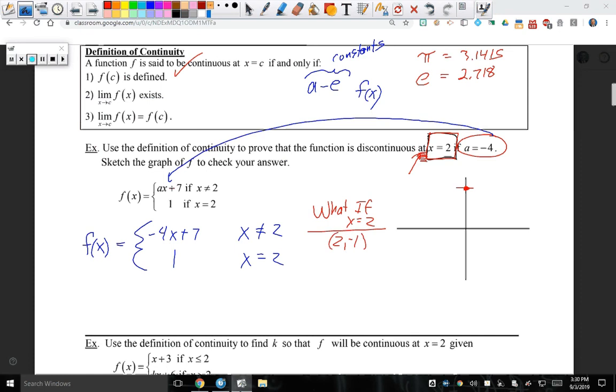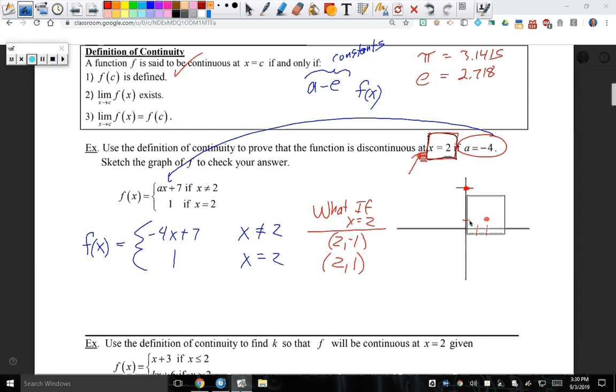Do you all agree? Okay. What would I get if x equals 2 for this one? 1, because there's no variable to put anything in. So my 2 points, one is closed and one is open, will exist at (2, -1) and (2, 1). Do y'all see how I'm building this with this what if moment?